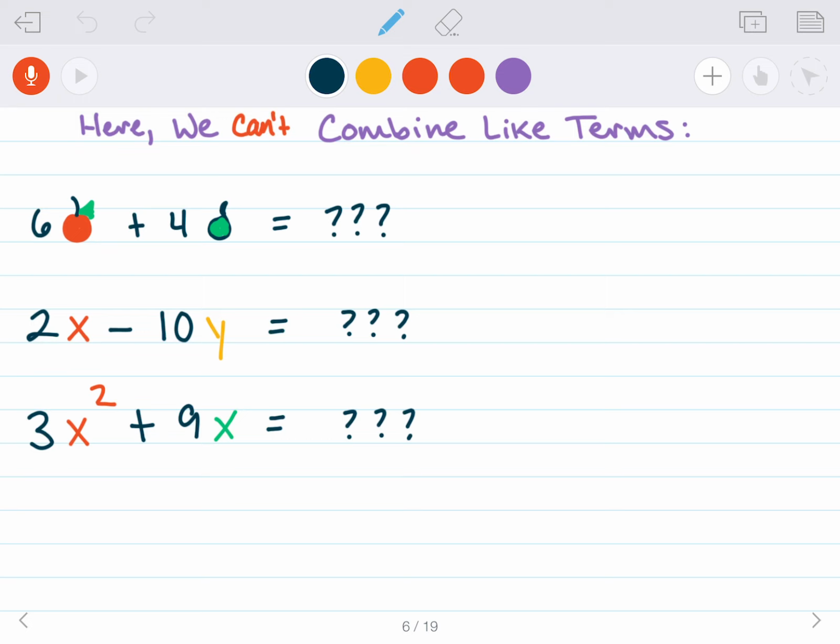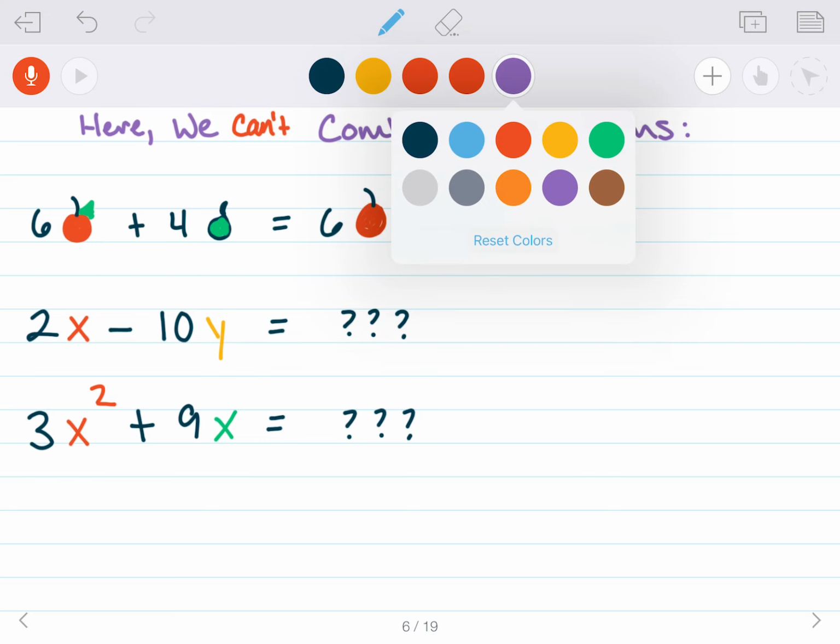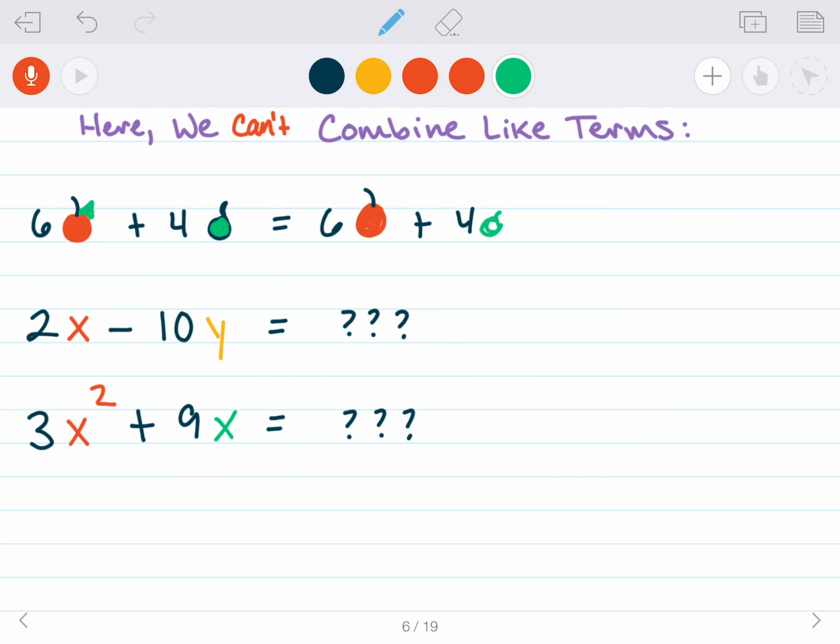We can't say 6 apples plus 4 pears is equal to 10. 10 what, right? So we cannot combine these. So what does it equal? It equals 6 apples and 4 pears. That's all it equals. We can't simplify it anymore.